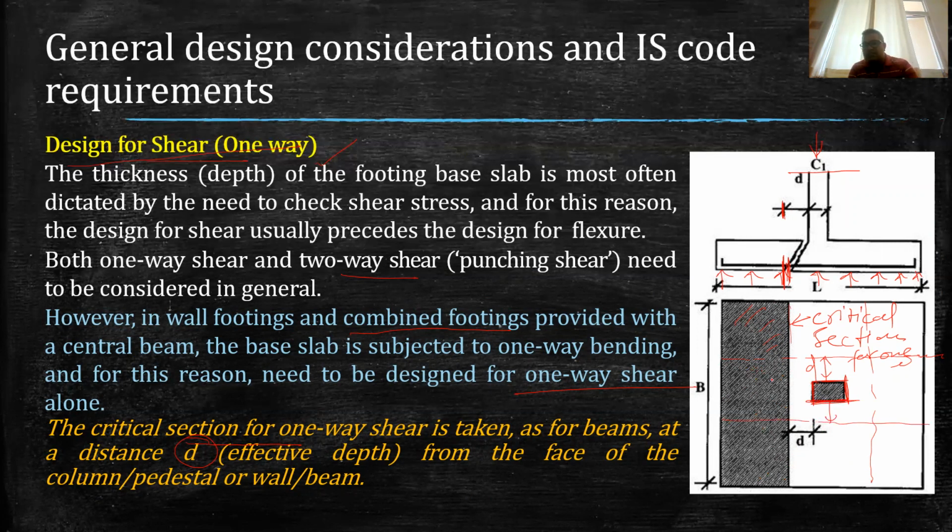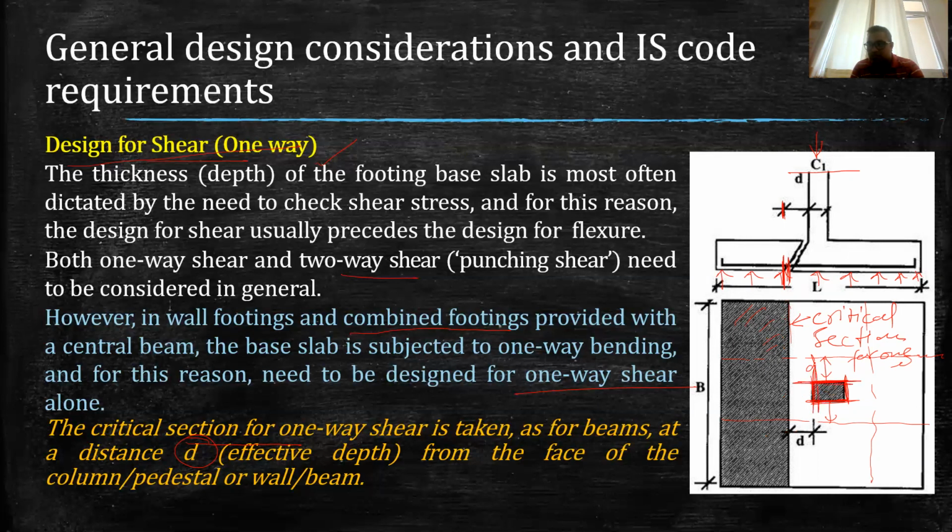If it is a square column, then we can consider any one face of the column to calculate the maximum shear force. In case we have a rectangular column, we calculate shear force along two faces: one is the shorter face and the second one is along the longer face.